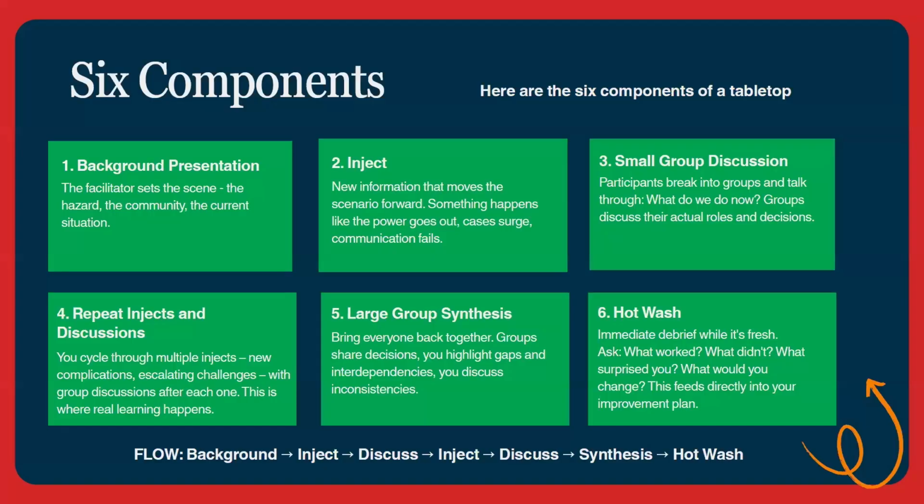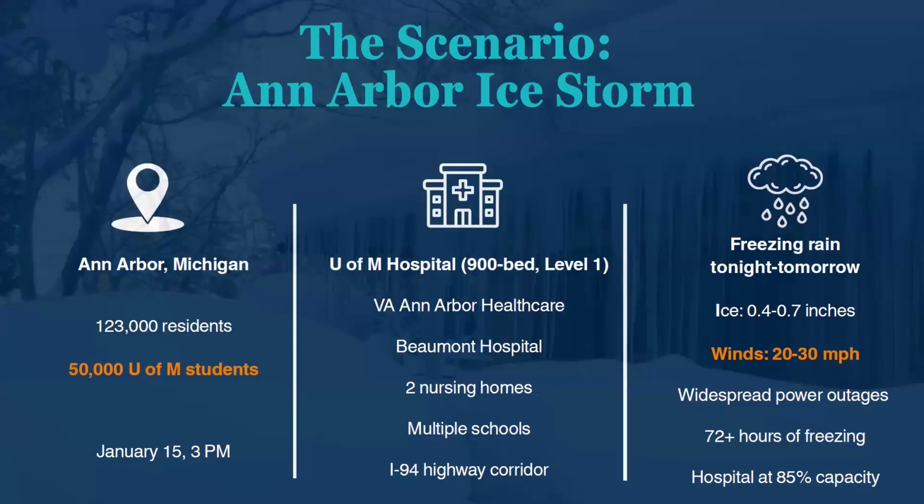Here is the scenario. We are in Ann Arbor, Michigan. Population 123,000 with another 50,000 students at University of Michigan during the school year. It's January 15th, 3 p.m., mid-semester.